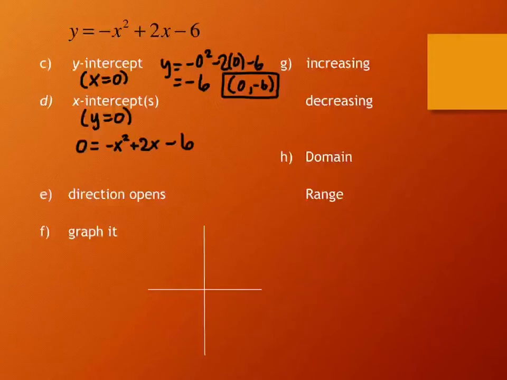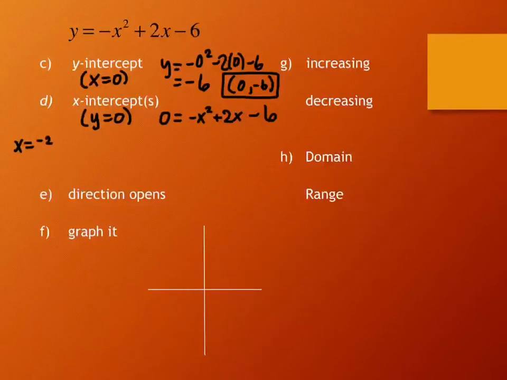You can use completing the square, you can use quadratic formula, whichever you prefer. And quadratic formula, I think, is probably just our most natural choice here, so I'm going to go with that one. Let me move this over here so we have a little bit more space. So this is x equals negative b, and the b value was 2, plus or minus the square root of b squared, which is 2 squared, minus 4.